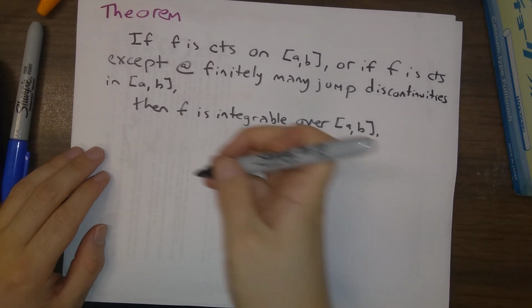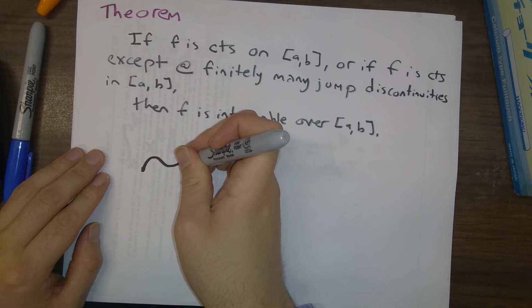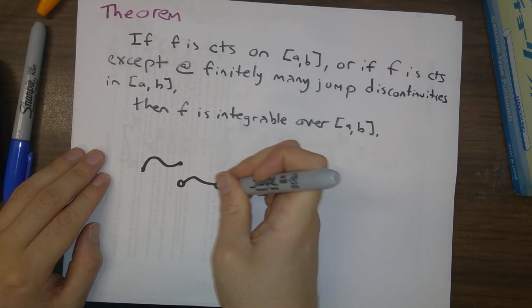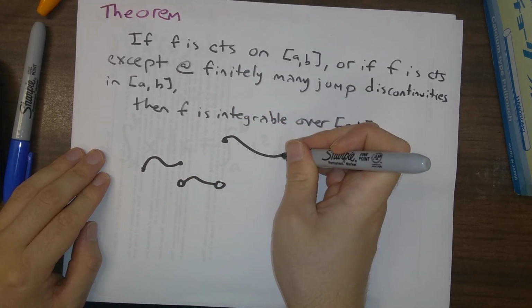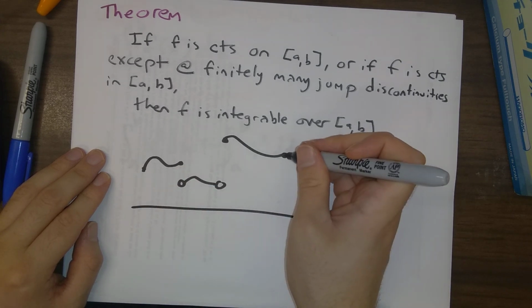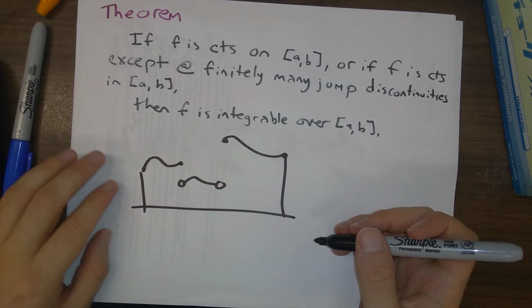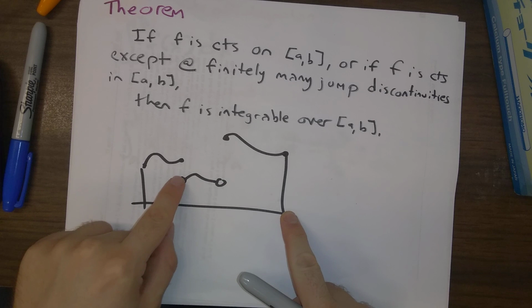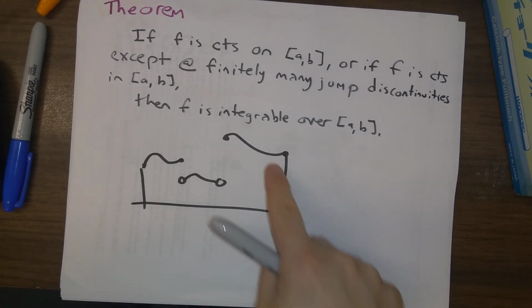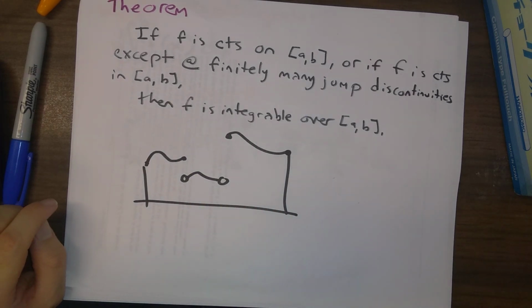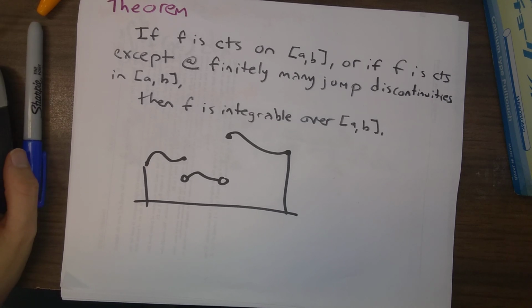Let me draw an example of a function with finitely many jump discontinuities. This function from here to here has two different jump discontinuities. Other than that, it's continuous. This theorem guarantees for us that our function is in fact integrable.